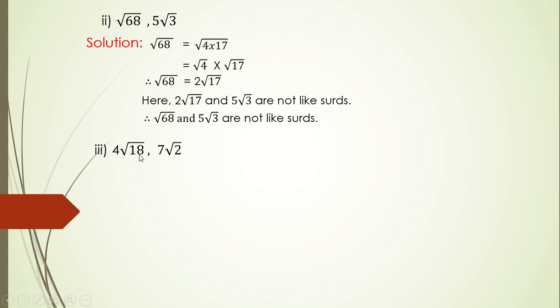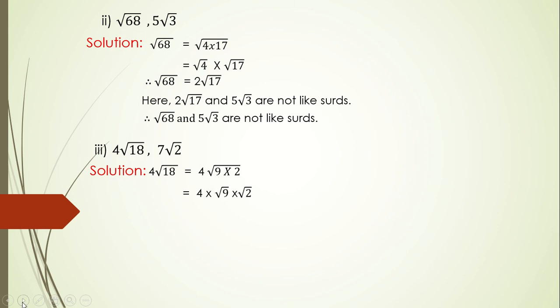Now 4 root 18 and 7 root 2. Now this 18: 9 twos are 18 and 9 is a perfect square. Root 9 is 3. So 4 root 18 we can write as 4 root of 9 times 2, and root 9 means 3.